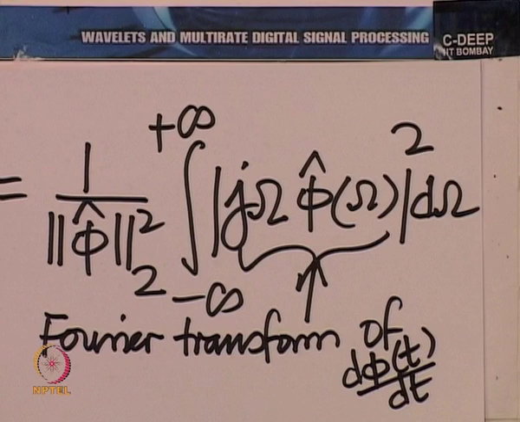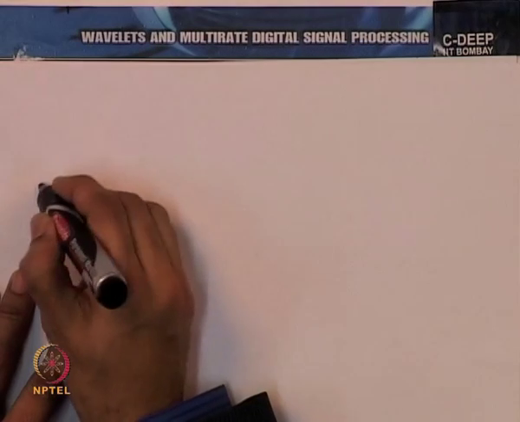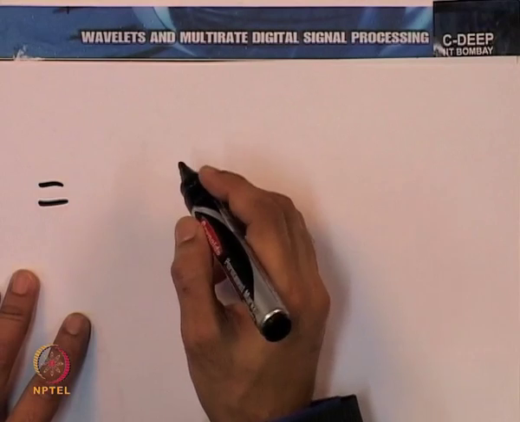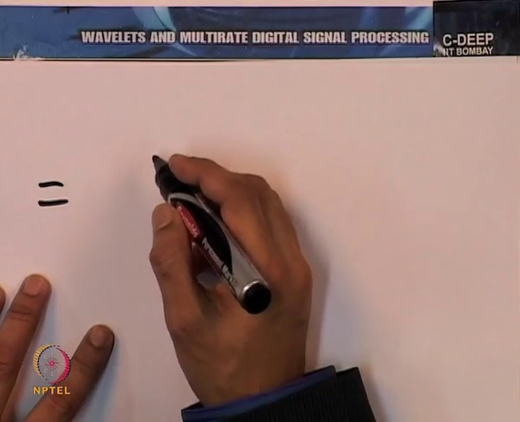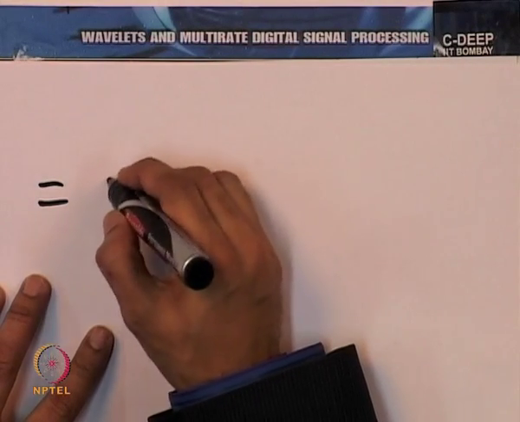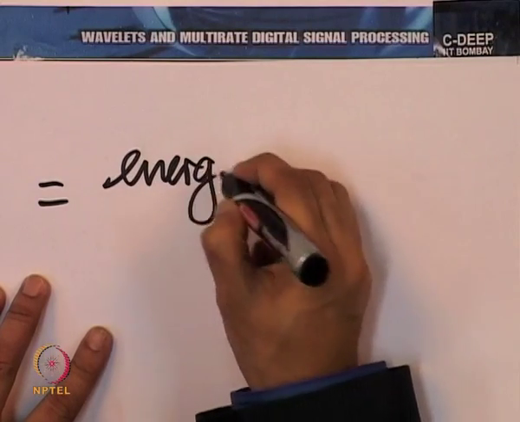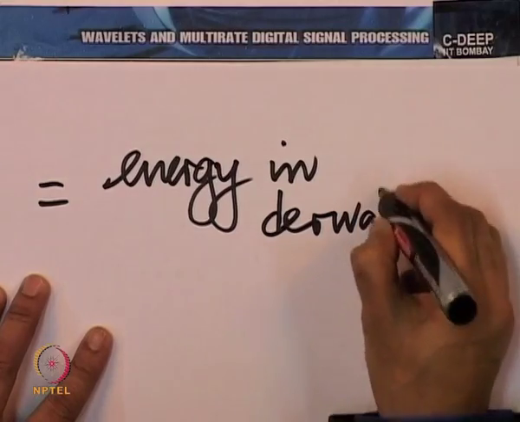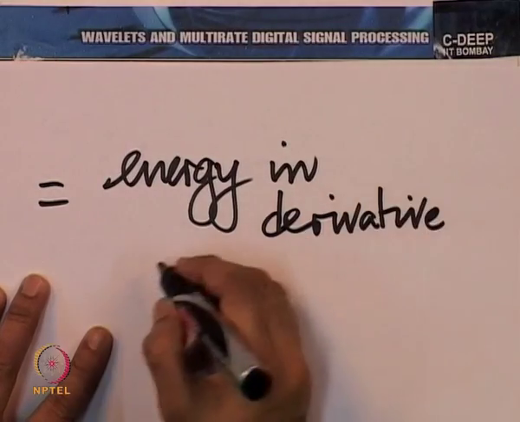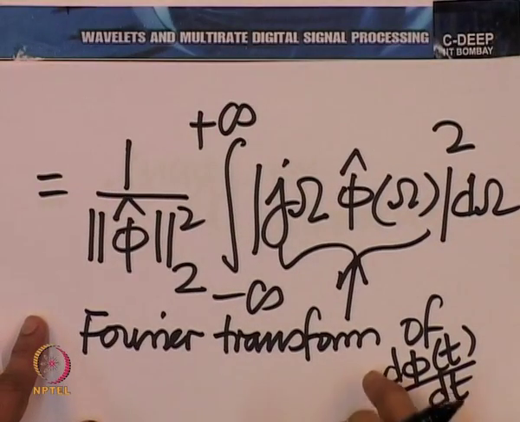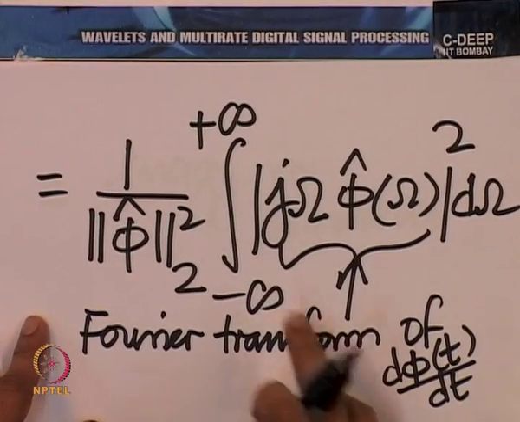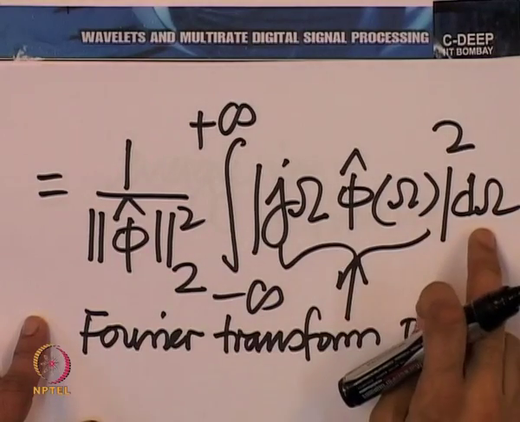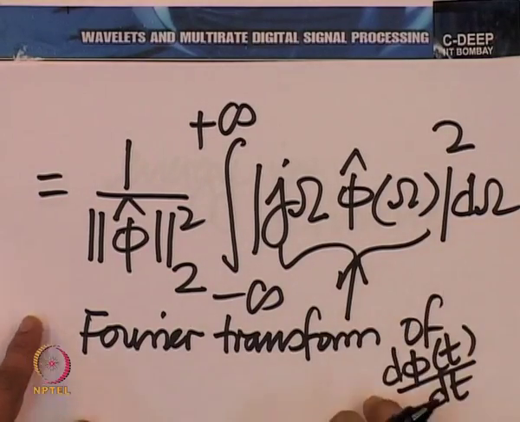So, essentially what we are saying is this variance is actually the energy in the derivative. Of course, remember you would have a factor of 2 pi there, because this is the energy in the derivative, but for a factor of 2 pi.